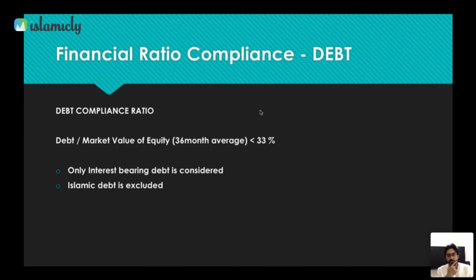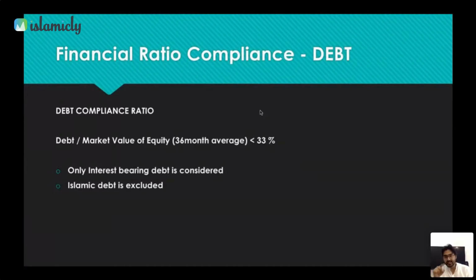Over here, the threshold is higher, taking into account another paradigm which says that since it is not direct, it's indirect. The paradigm considered here is that a third is considered to be a lot. So you should not exceed a third of your market capitalization in terms of your debt, which is interest bearing.